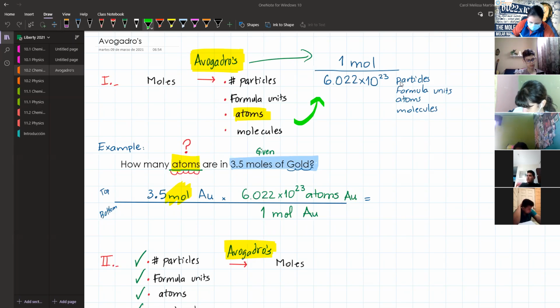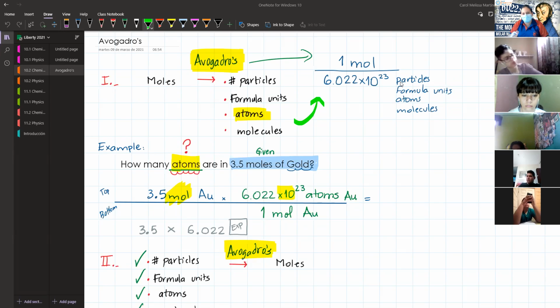So in your calculator, you're going to do this as 3.5 times, okay? Then you're going to put the Avogadro's number, 6.022. Now, instead of times 10, you're going to press the key EXP, or if you have the key times 10 to the x, use that one, depending on the type of calculator that you have.